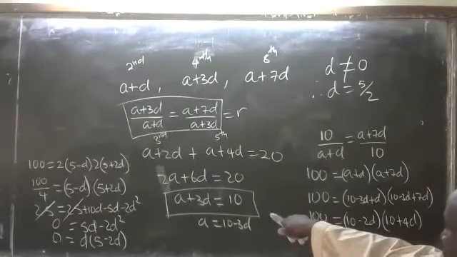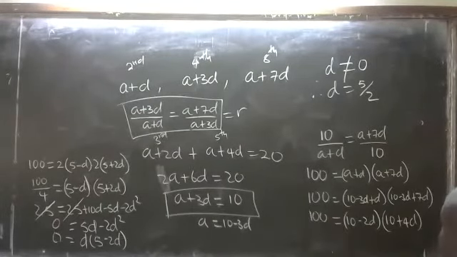Can we use the second equation? If d is 5 over 2, we can now find a. That will be a, 3 times 5 over 2, and then minus that. That's the value of a.